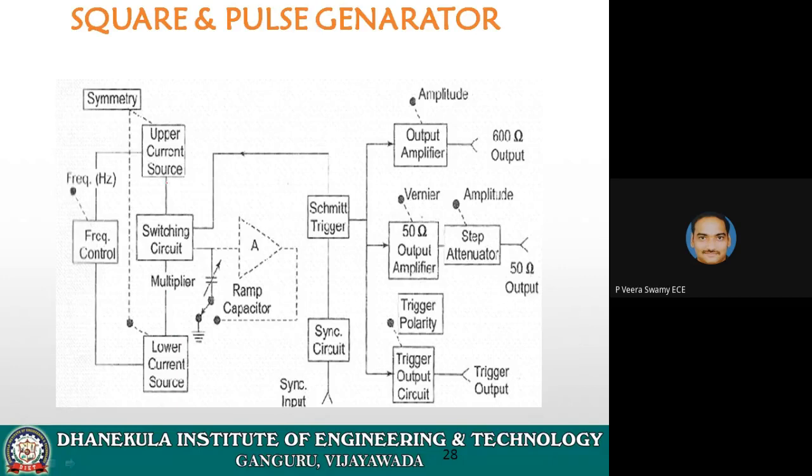Lower and higher frequencies are connected to symmetry. That symmetry is used to maintain the two pulses the same, with the same voltages and time periods. This is the positive pulse, this is the negative pulse: positive pulse voltage, negative pulse voltage, positive pulse time period, negative pulse time period.